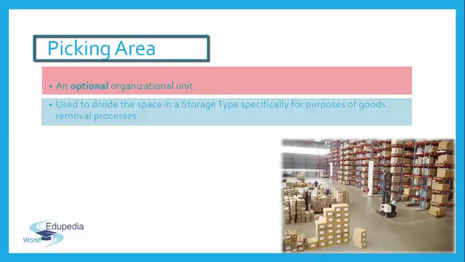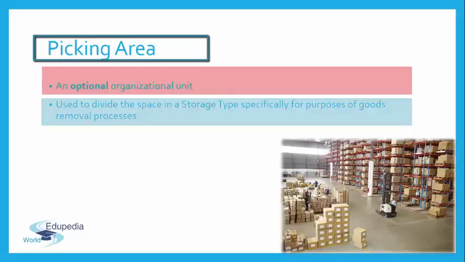We'll get into this in detail at a future time, but it's important to note at this point that a picking area is an optional organizational unit at the same level as a storage section, but it differs in that it divides up the space in a storage type specifically for the purpose of goods removal processes, meaning we're removing goods from our shelves. It could be a shelf, it could be a particular floor, or whatever it is. It divides up the space on which we store those goods during the removal process. It's not a mandatory organizational unit to maintain, and we'll look at it in greater detail at a future point.